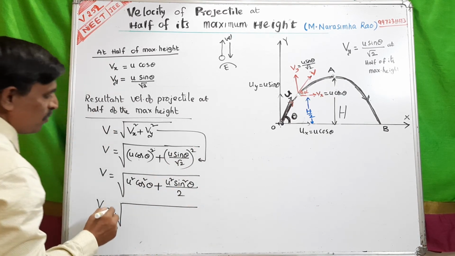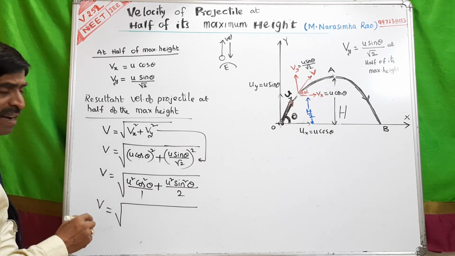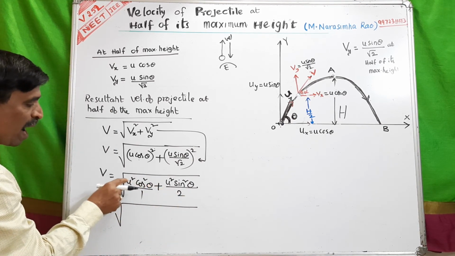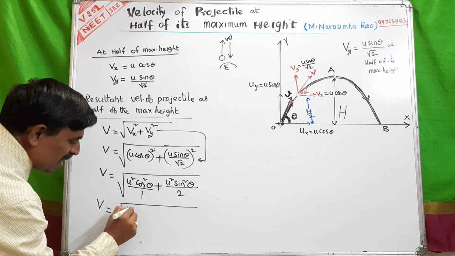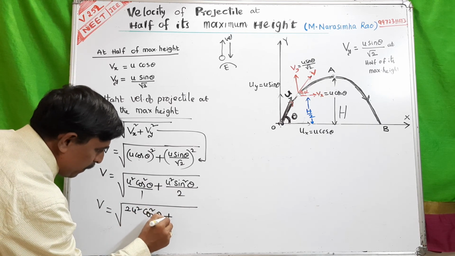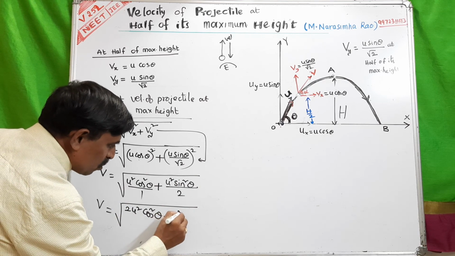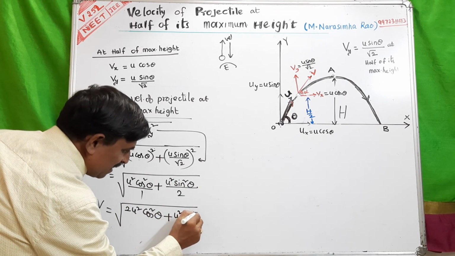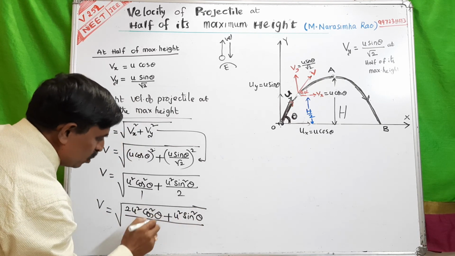Under root of, no one is there, I am writing 1. 2u square cos square theta plus 1 into u square sin square theta, by 1 into 2, that is 2.